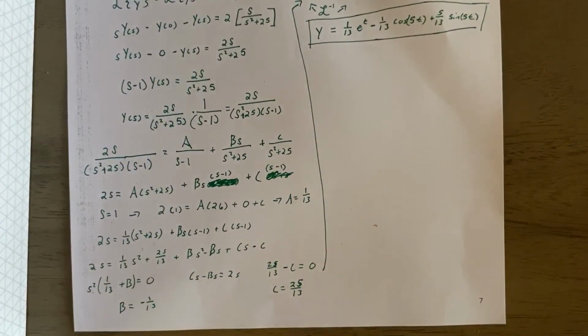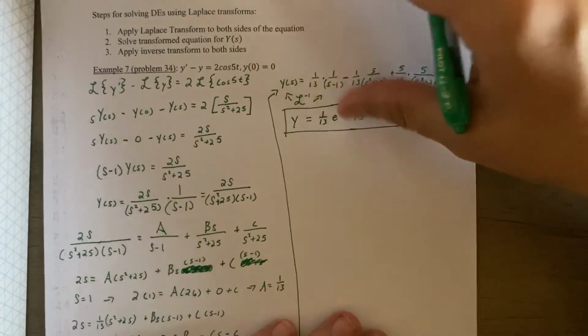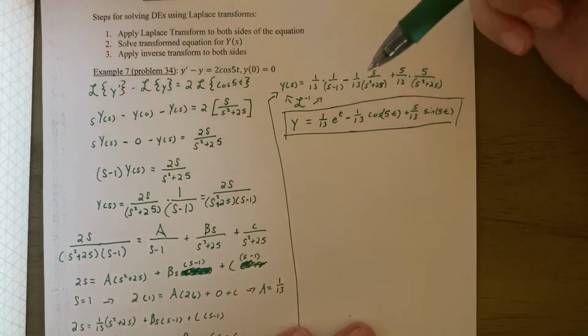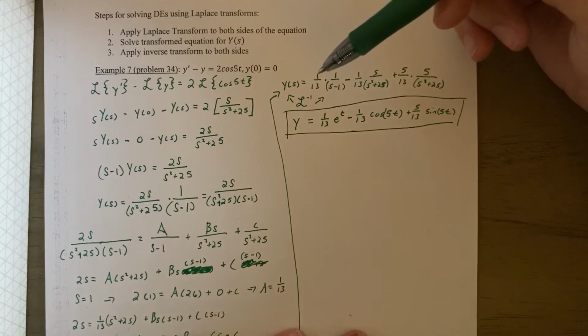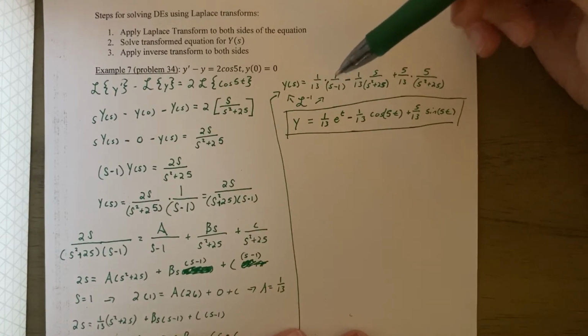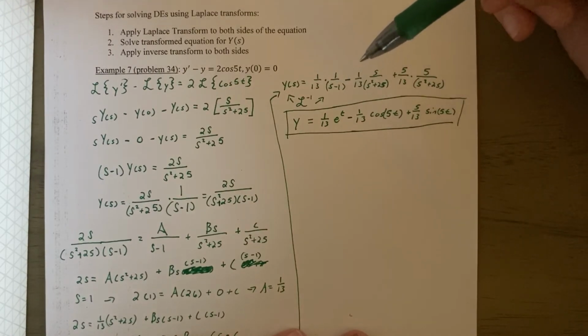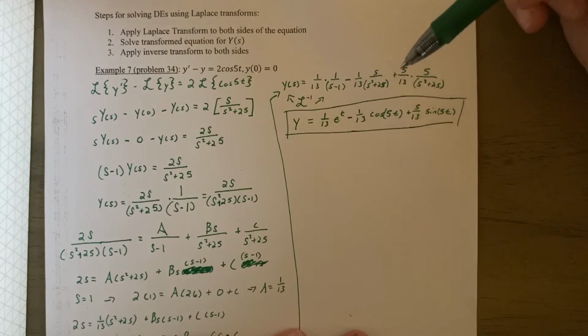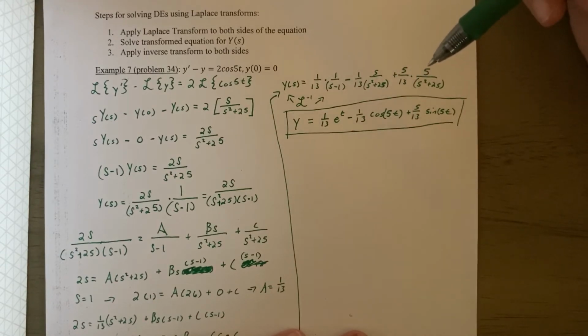So now that I have my a, my b, and my c, once you get your a, b, and c, it becomes much easier. So a, 1/13 times 1 over s minus 1, minus, or b, which is negative 1 over 13, times s over s squared plus 25, plus c, which is 5 over 13 times 5 over s squared plus 25.